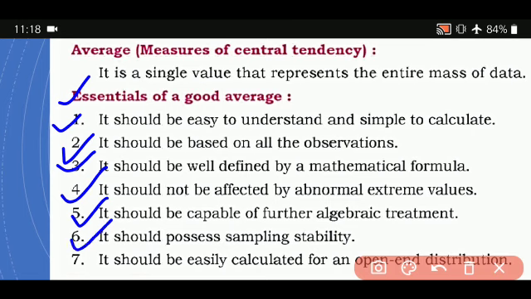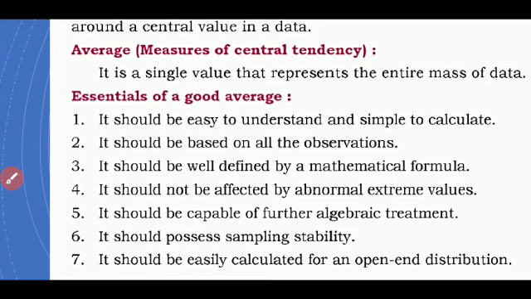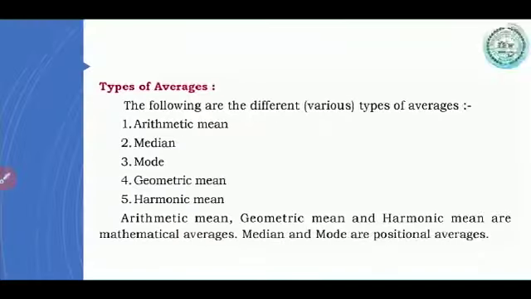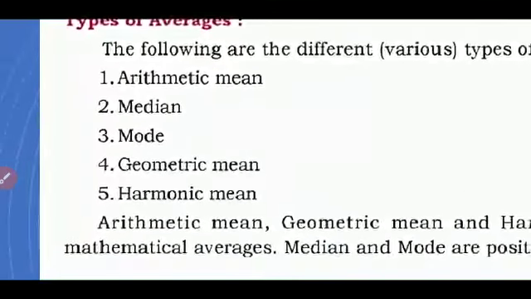It should possess sampling stability. It should be easily calculated for an open-end distribution. So these are the essentials of a good average. The one who satisfies the maximum points is the best formula, we can say. Now, what are the things you are going to study for the PUC 1?